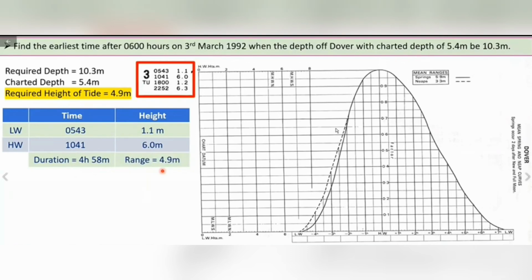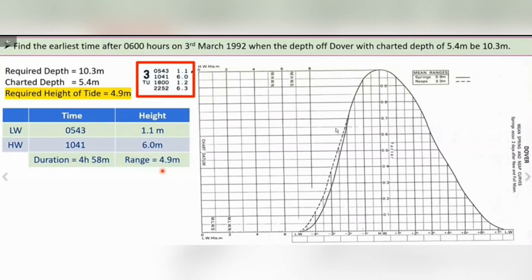Okay. Anybody stuck, beta? Everybody got it up to here? Very good, beta. Great. So we have the duration of tide, 4 hour 58 minute.